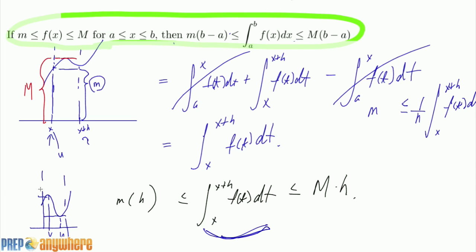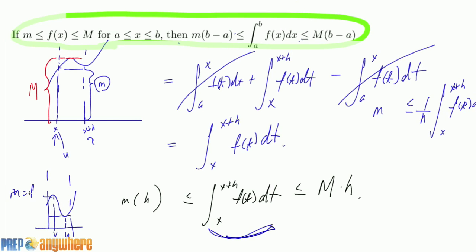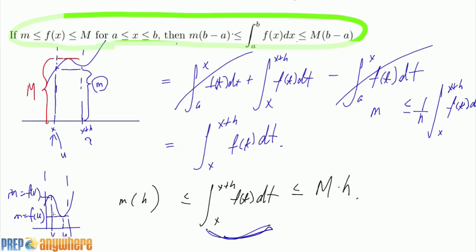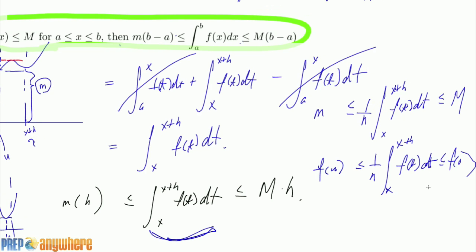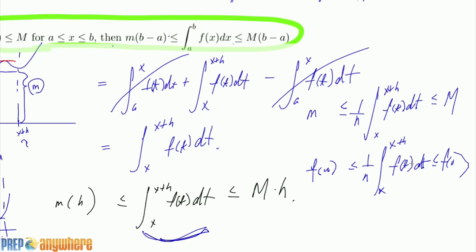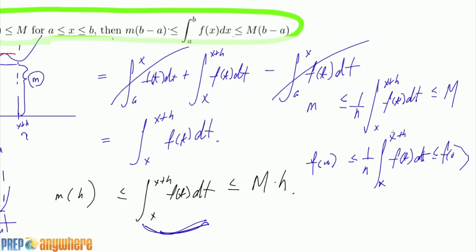So big M will be f of v, and the small m will be f at u. So I'm going to replace those with f at u and f of v. Follow so far?